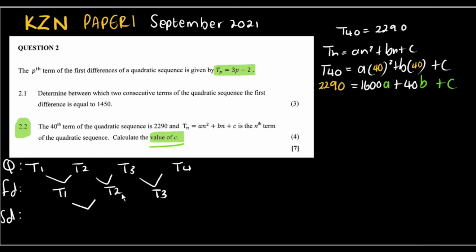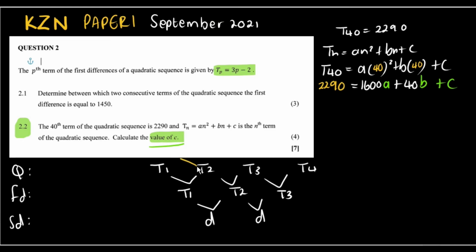We find that by saying term 2 minus term 1, and term 3 minus term 2. If you had the values of these three terms, the first in the quadratic, first difference and second difference, you would be able to find a, b, and c. So possibly there is a hint in this question on how to find these.